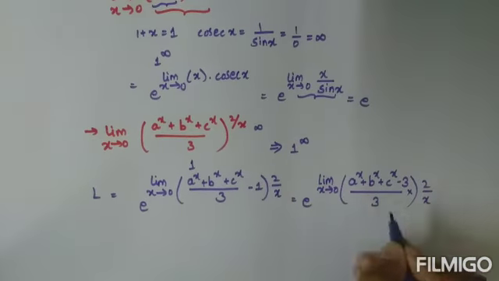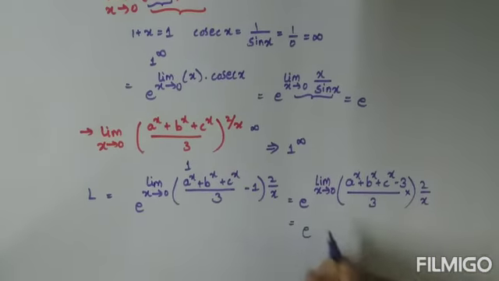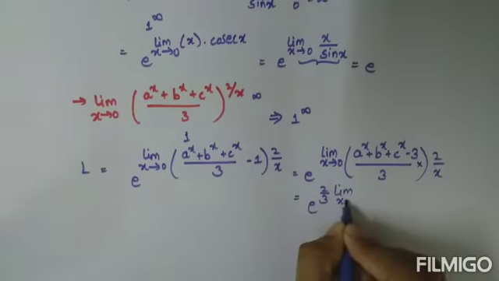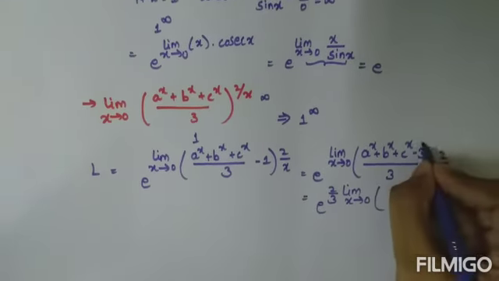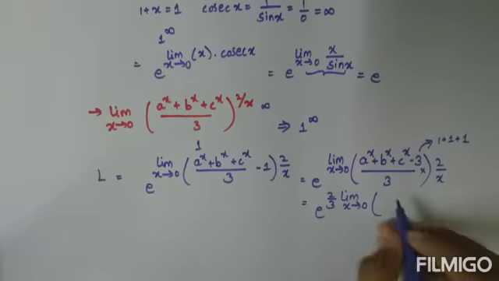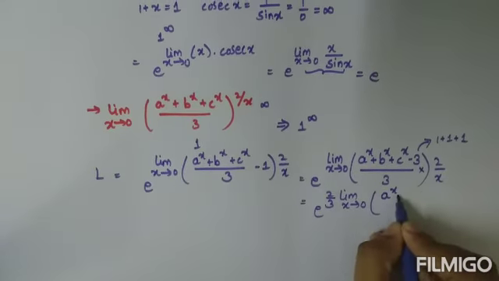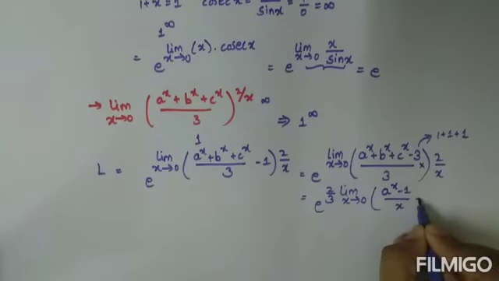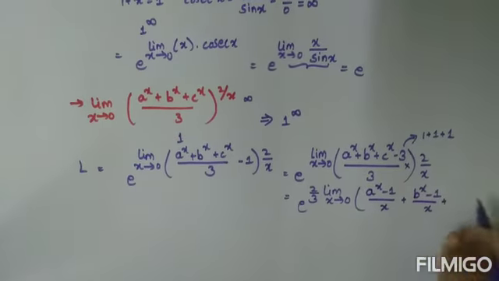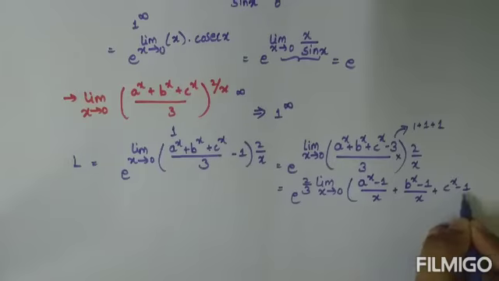If we take 2 by 3 as common, we get 2 by 3 into limit x tends to 0, and if we write 3 as 1 plus 1 plus 1, we can write this expression as a power x minus 1 by x plus b power x minus 1 by x plus c power x minus 1 by x.